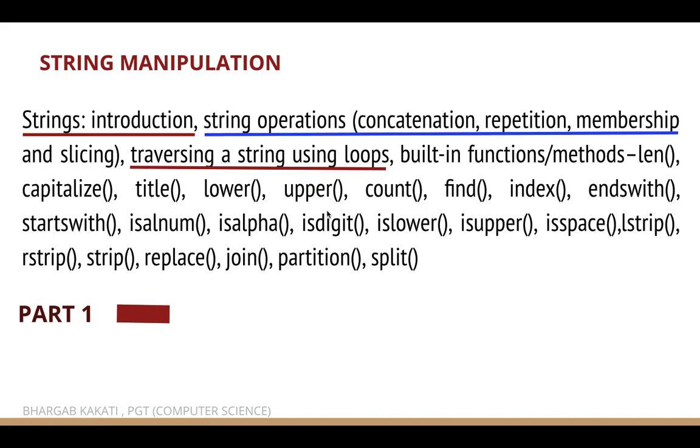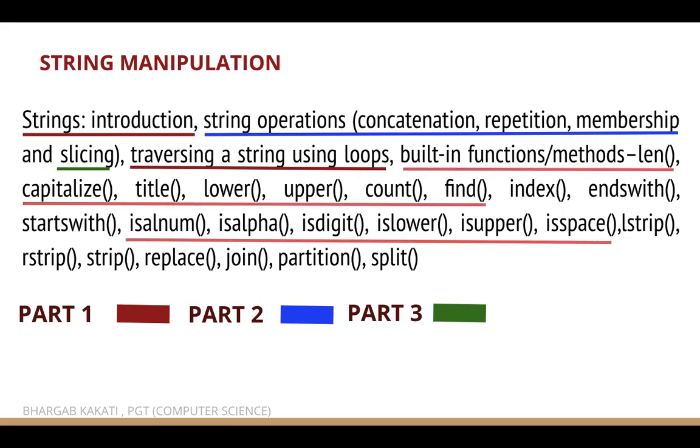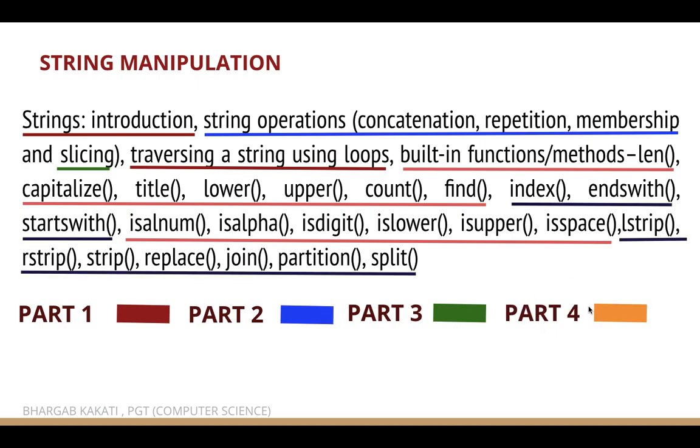The parts highlighted in blue are in part number 2 of this chapter. The part highlighted in green is a part of part number 4. The part highlighted in pink is in part number 4. The part highlighted in black is in part number 5, that is the current part.